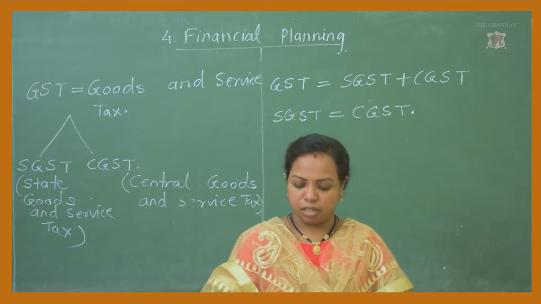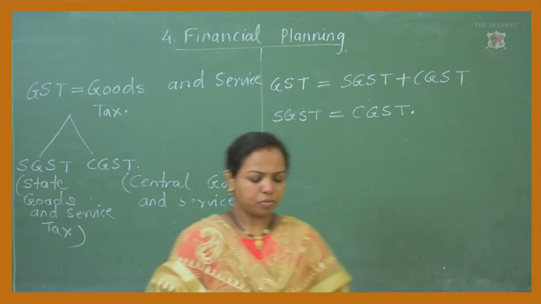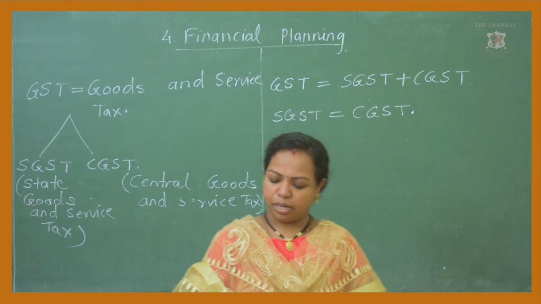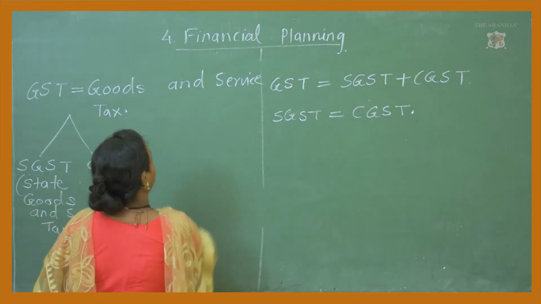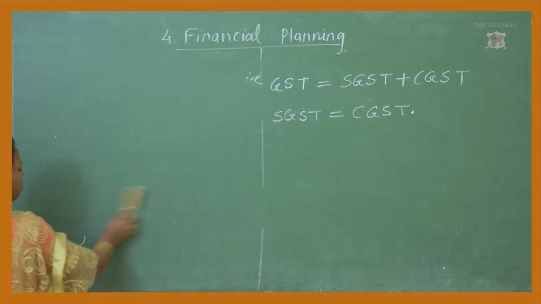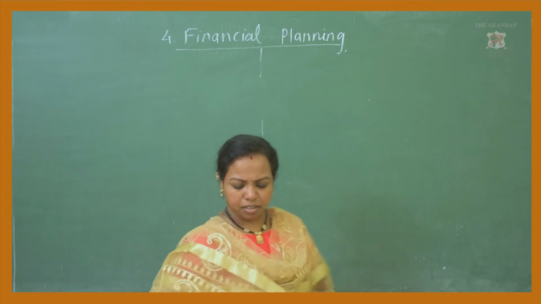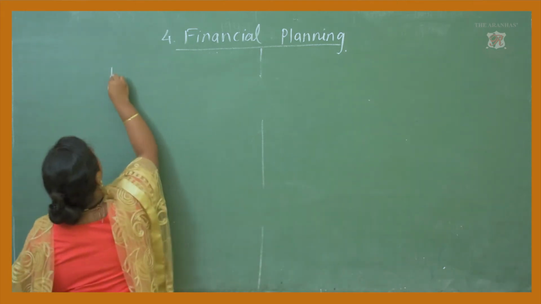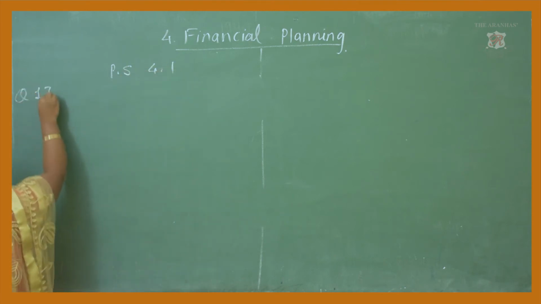So in exercise 4.1, we are taking such examples so you can understand how to calculate the GST value and SGST value. For example, on page number 87, exercise 4.1, the first question.